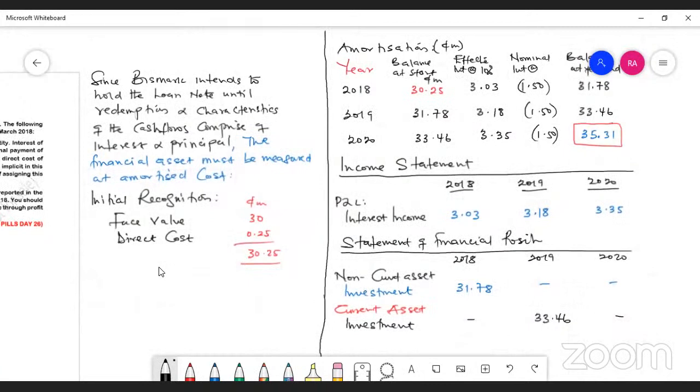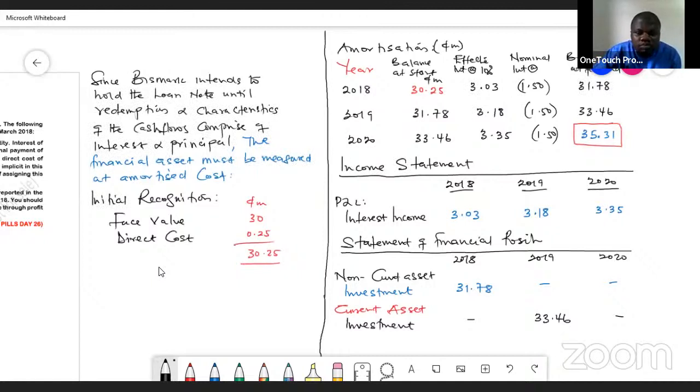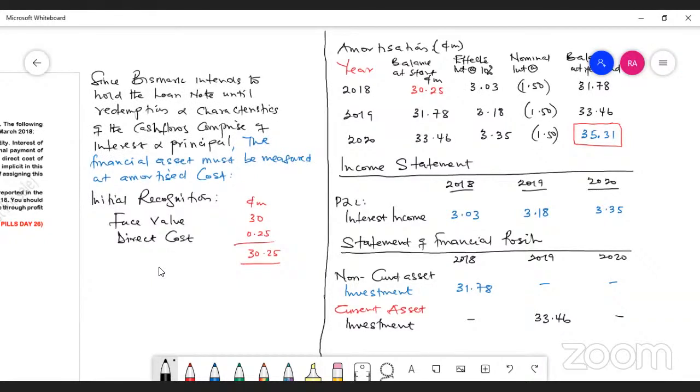Yeah, it's better. Okay. So for one of the questions we solved earlier today, it was liability. We're splitting into current and non-current liability. And then for the 2020, I don't know what year we used, but it was 3 years like this one. And that last year you put the 33.46 under the 2020.